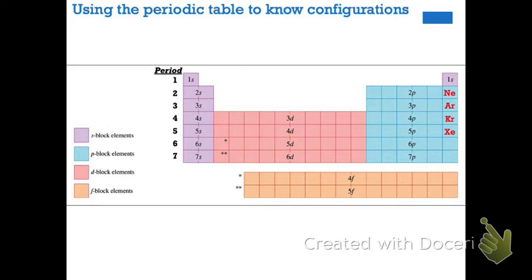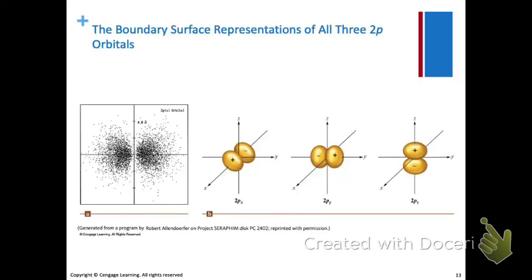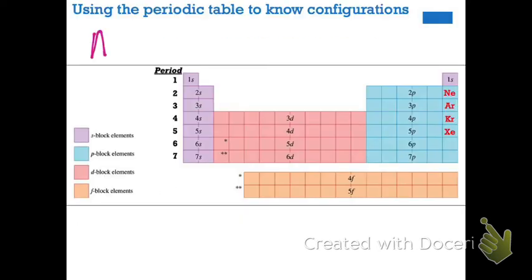Give me the electron configuration for, let's do aluminum. First of all, when I want the electron configuration, I'm always asking for the neutral state, ground state, no charge, aluminum. And so what block is that in?